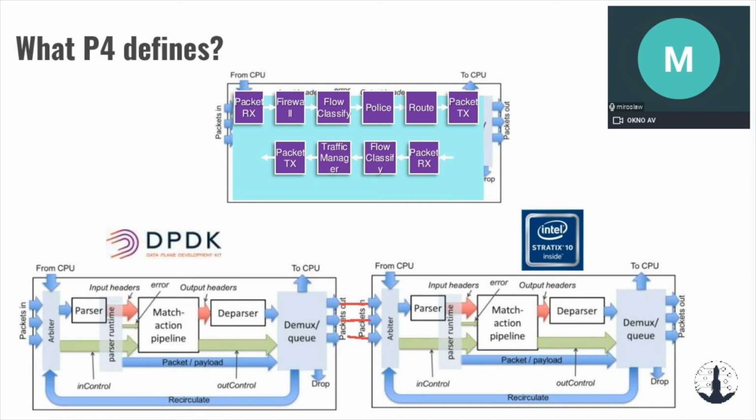As I said, one of the missing points, what P4 does not define, is the stateful operation, like the keeping of the state. There is some concept of registers and counters inside of P4, but it is not the stateful operation like we can imagine, for example, keeping the state of a TCP session, tracking the TCP sequence number, making sequence-number-based firewalls.